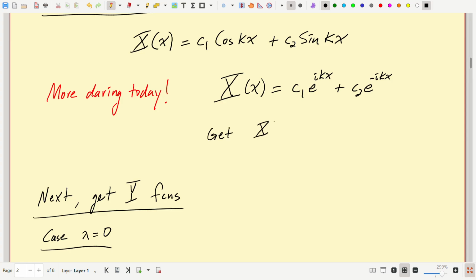X of x equals e to the i sx, where s is either positive or negative. Okay, so now I'm doing the y problem.